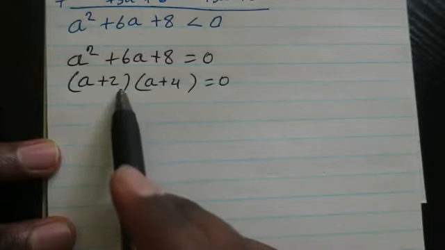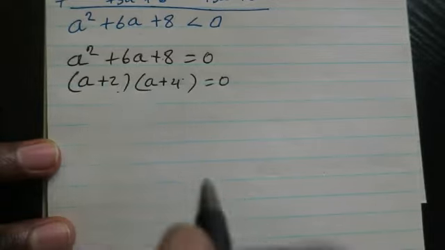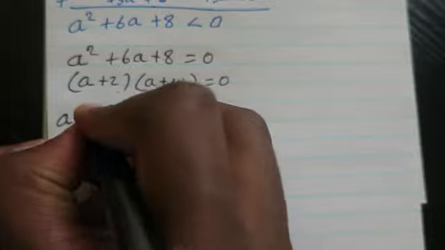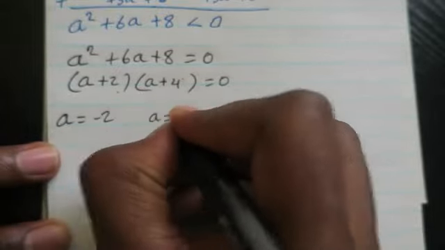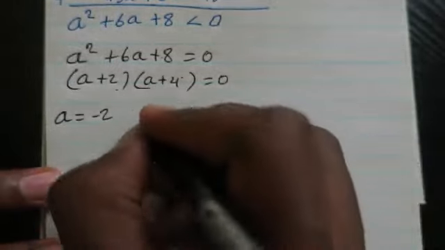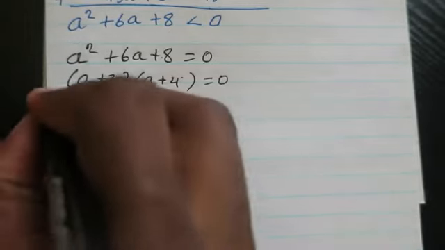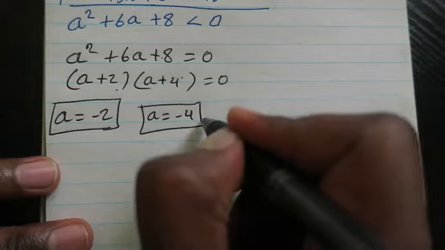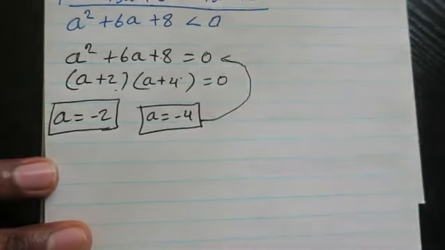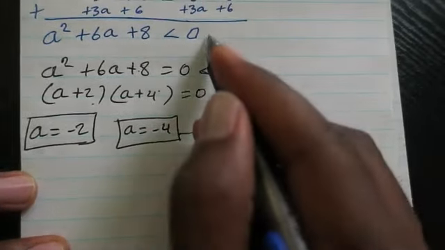You multiply those two numbers, you get 8, you add them, you get 6, meaning a equals -2 or a equals -4. Those are solutions to the equation here. What is the solution to the inequality?